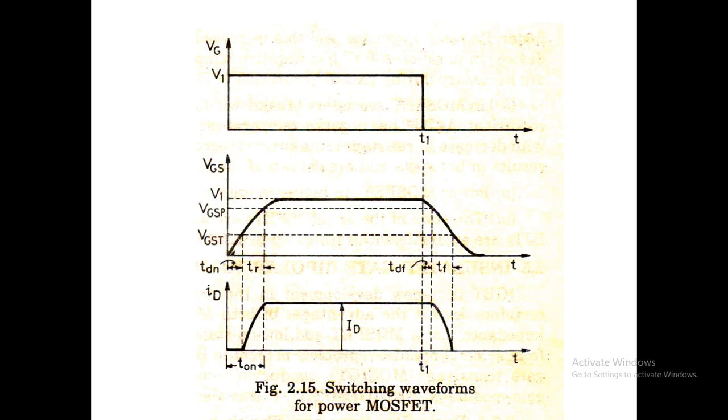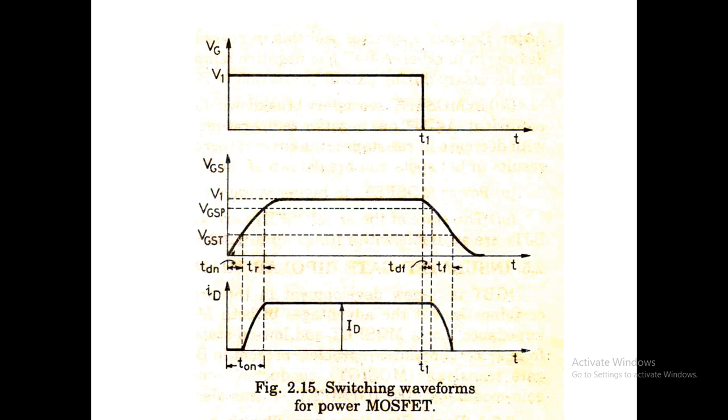And after that, at the instant T1, the turn off process is initiated. After the removal of the gate source voltage, we have the turn off process, where turn off time will be equal to TDF plus TF. TDF is the delay time and TF is the fall time.